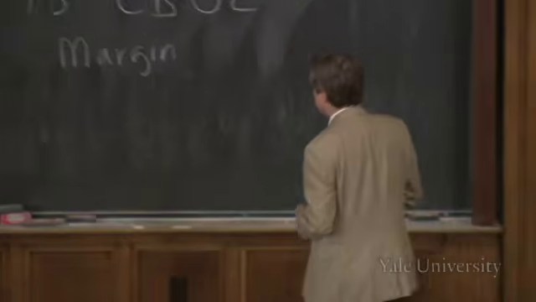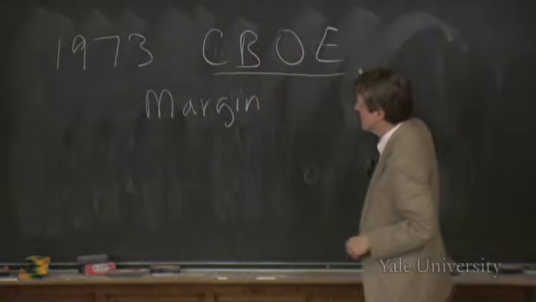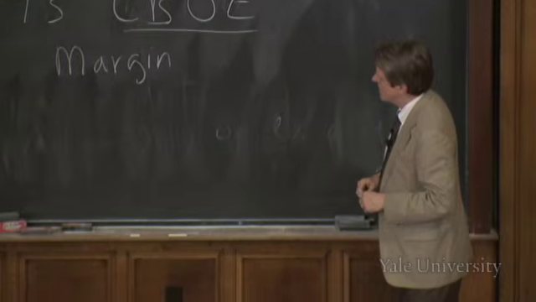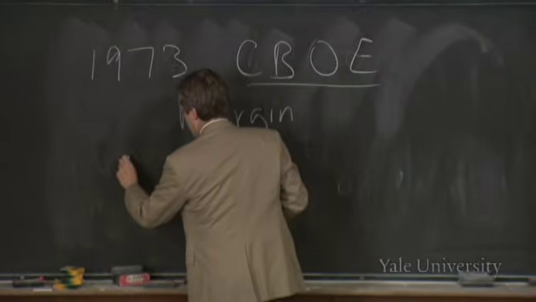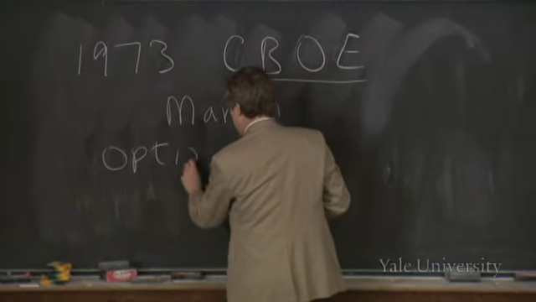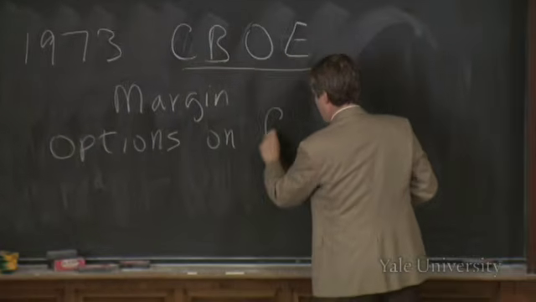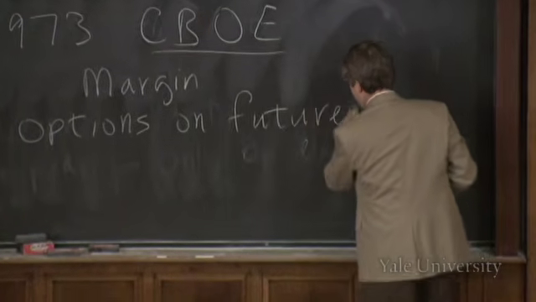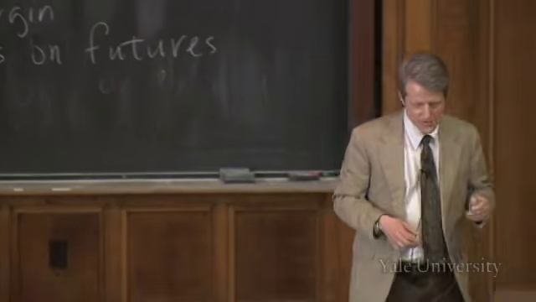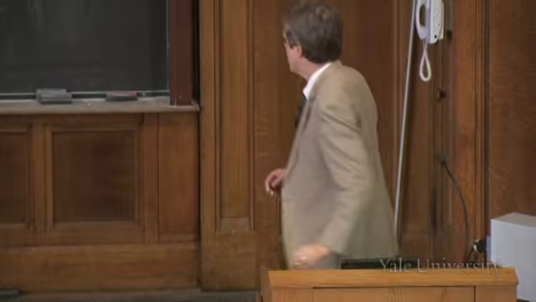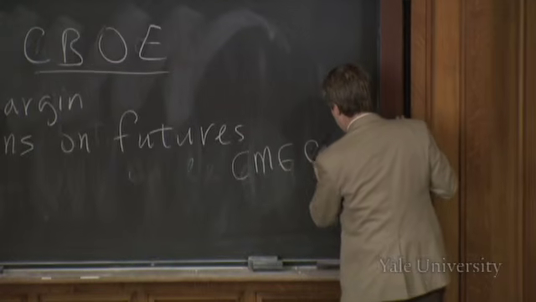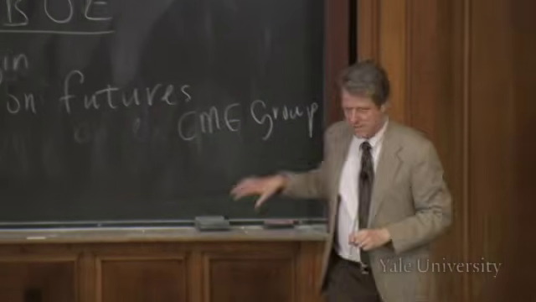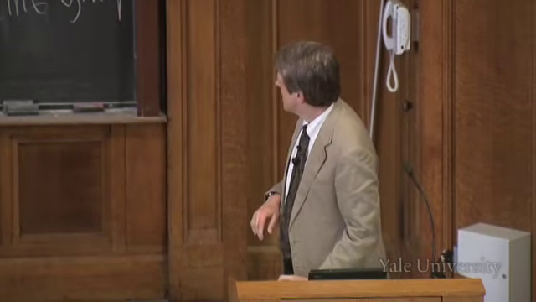Now there are many options exchanges, but the CBOE, I'm just listing it, was the first. Now futures exchanges sell options on futures. That's the same thing as an option on a stock, but instead of a stock contract, it's a futures contract. And that would be done at the CME Group, which is a futures exchange. But we're just talking about where you can do these things.